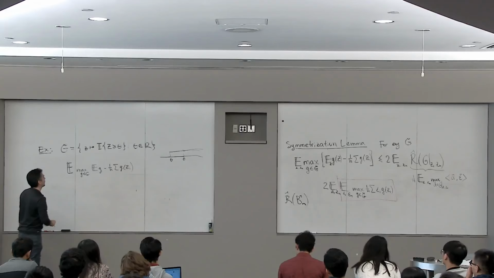So what is the expected function? It's the expected indicator. What's the expectation of an indicator? It's a probability. Probability that Z, my random variable, is larger than theta, minus the average of the indicators that Zi is larger than theta. Do you guys recognize this?